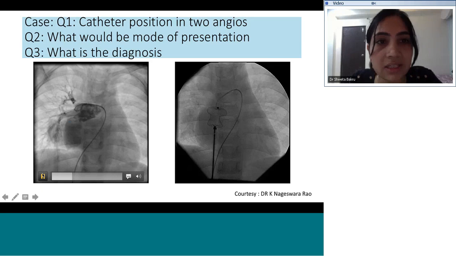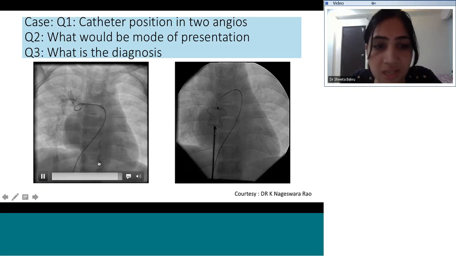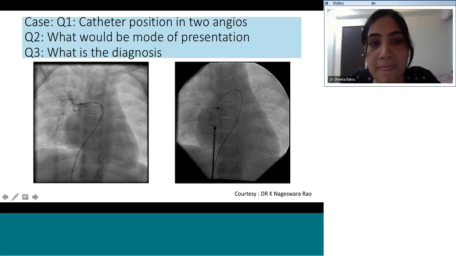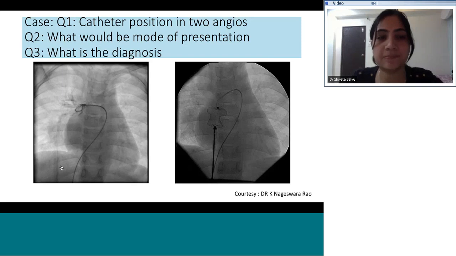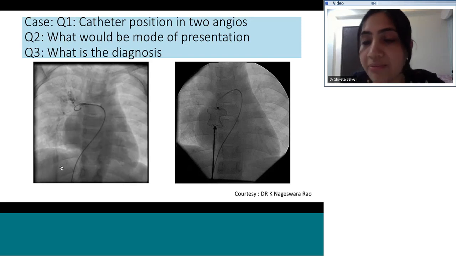Next slide. These are two angios. First angio, please identify the catheter position. And how do you think this child would have presented?